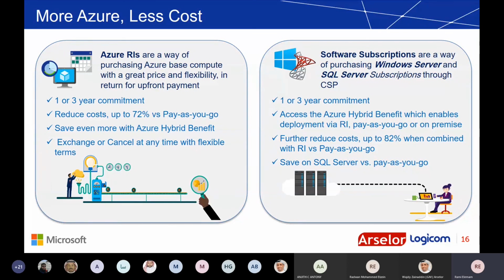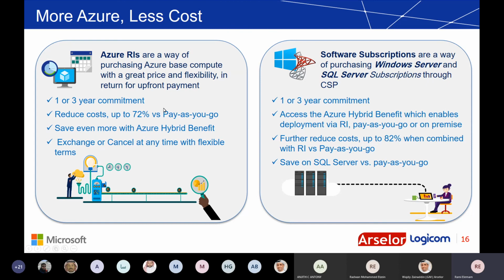So if you commit to use Windows Server for one VM for 1 year, you will have a very high discount. And the 3 years will have like 82 percent discount if you compare it to pay as you go. Okay. So this is another thing to save more and more money on Azure.